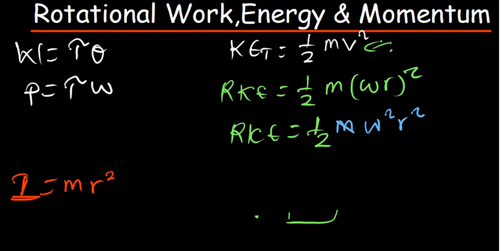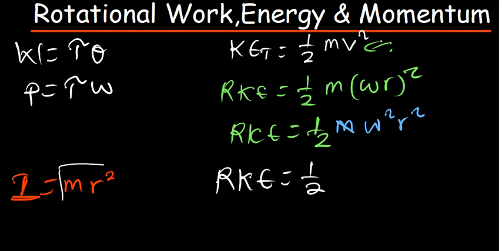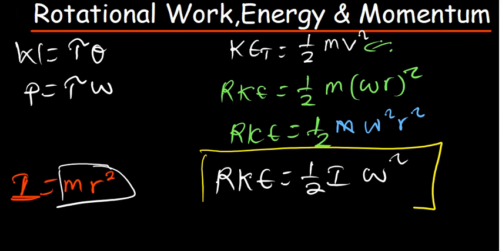Now from here I can clearly see that rotational kinetic energy will be half, then I've got mass times r squared, that is going to be inertia. Then I have w squared. So this is my formula for rotational kinetic energy.